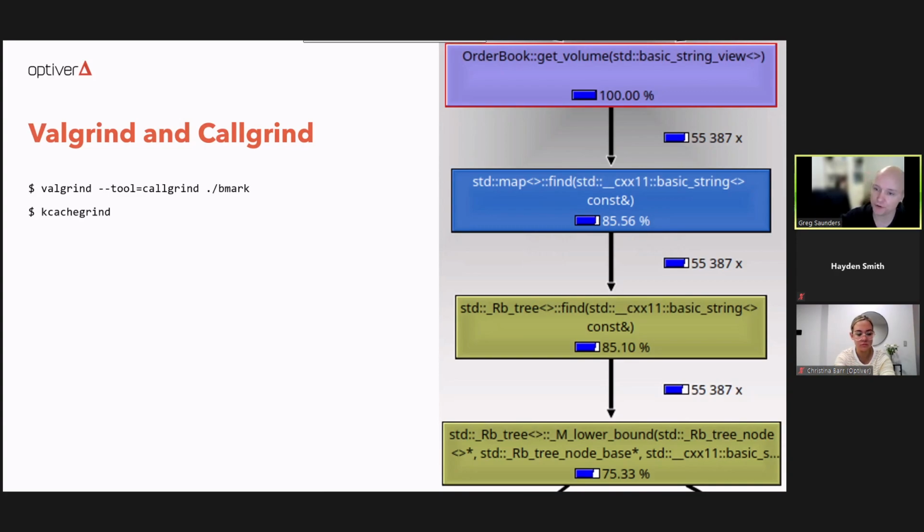And if we drill a little further into that, almost the entirety of that time is spent in the find method of a class called _Rb_tree, which might be a little obscure to you, but in case you can't guess, it's a red-black tree. It's a self-balancing tree that is the underlying data structure for a std::map. So our get volume method is spending the overwhelming majority of its time searching through a red-black tree.